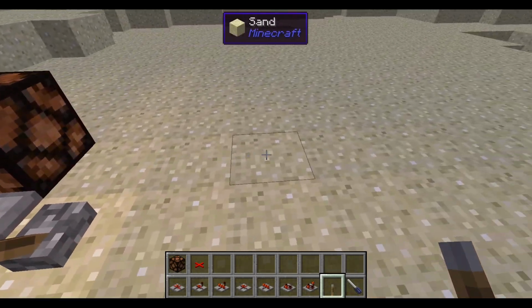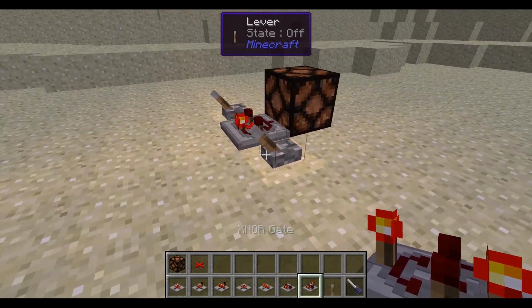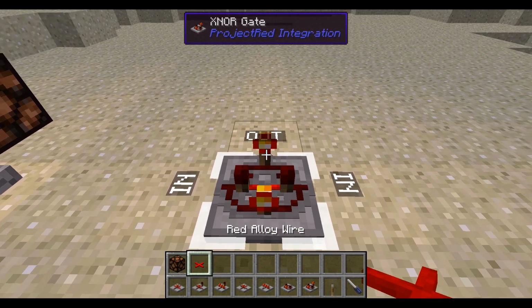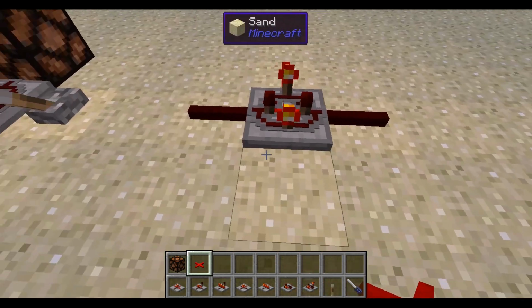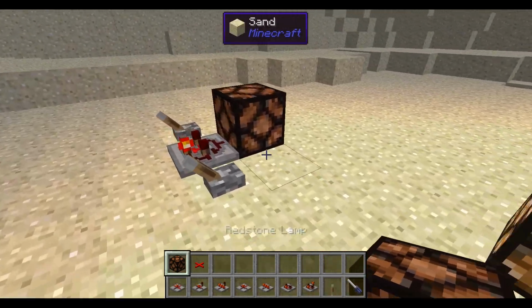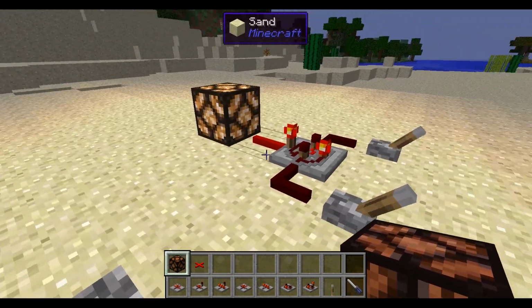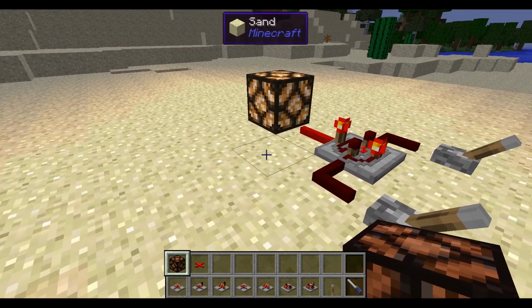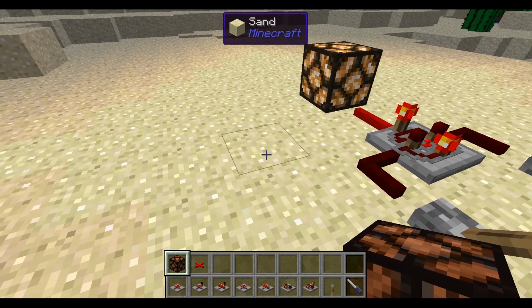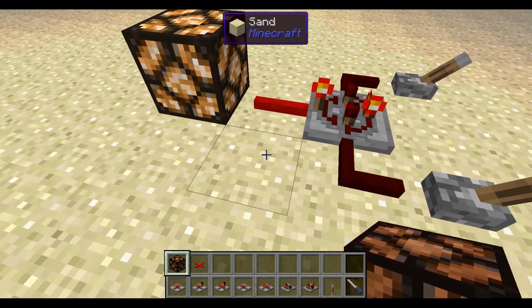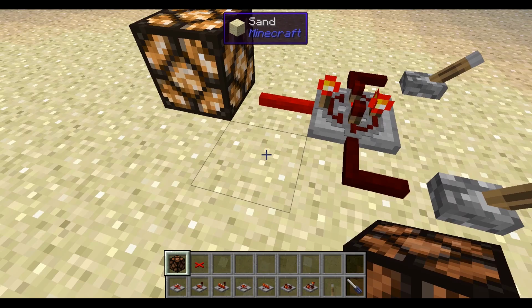And XNOR, or exclusive NOR, is the same thing as an XOR, except it has a NOT gate on the end of it. So it's basically how a NOR gate is the opposite of an OR gate, or how the NAND gate is the opposite of an AND gate.